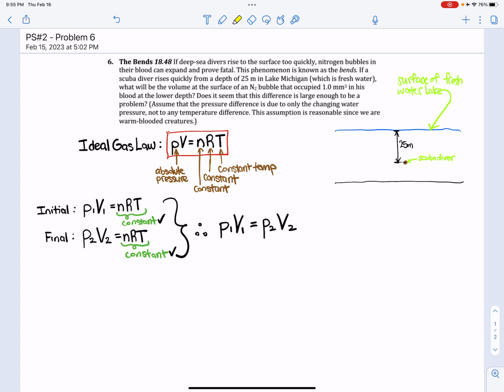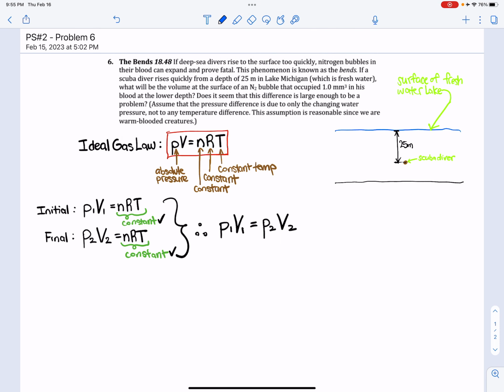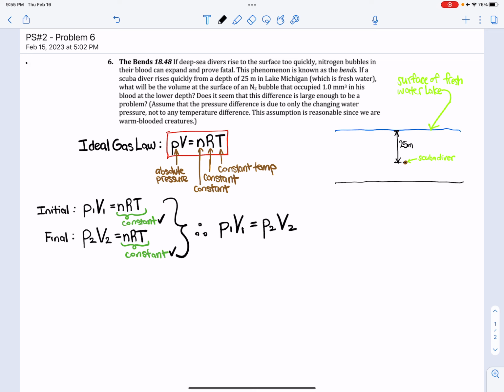Let's mark what we already know. We were given initial volume right there. So actually, let's write that down. We know V1 was equal to 1.0 cubic millimeter. And we know that we want to find the volume at the surface after the diver rises to the surface.